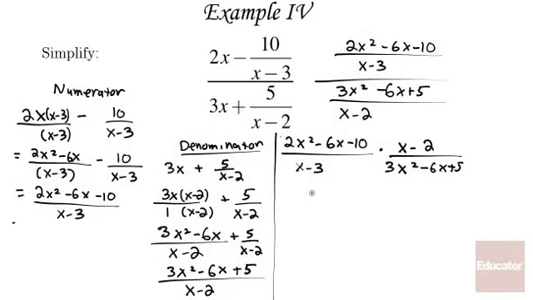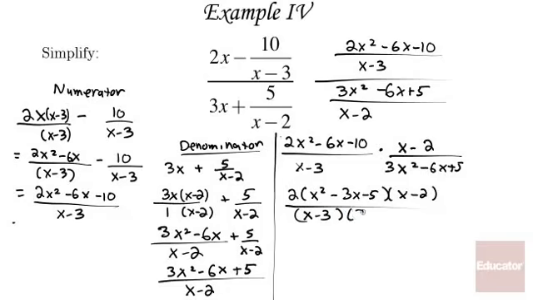Okay. Next thing is to do some factoring. See if I can simplify this, because we've got a lot of expressions here. Well, 2 could be factored out: 2 times x squared minus 3x minus 5, times x minus 2, divided by x minus 3 times 3x squared minus 6x plus 5.